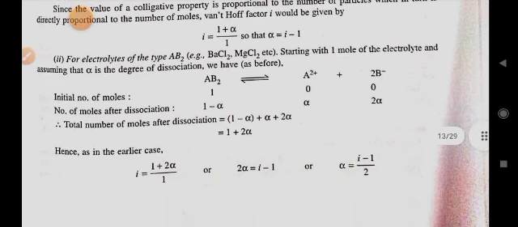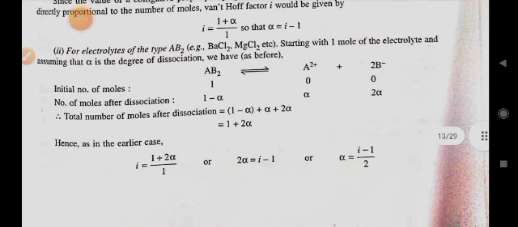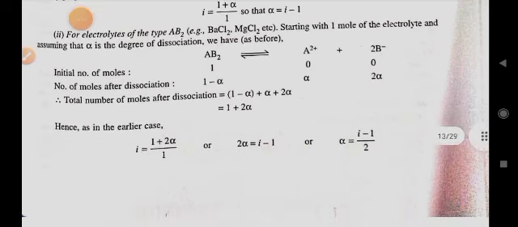For electrolytes of the type AB2, for example BaCl2, MgCl2, etc., starting with 1 mole of the electrolyte and assuming that alpha is the degree of dissociation. Initial number of moles for AB2 is equal to 1, and for A2 positive and 2B negative is equal to 0.